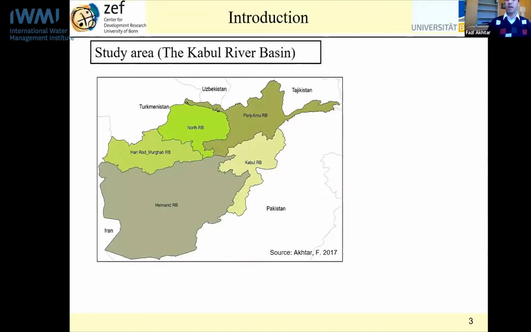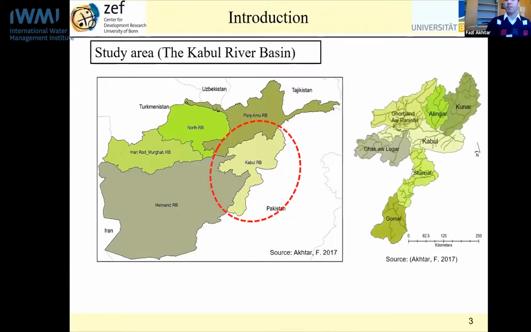Except the Northern River Basin, which ends up in Afghanistan so there is no outflow to any neighboring country, the rest of the 4 river basins end up in neighboring countries. For example, the Kabul River Basin discharges to Pakistan across the Durand line. Helmand River Basin, the same, contributes to Iran and Pakistan. Harirud-Murghab to Turkmenistan, and Panjshir-Amu to Uzbekistan and Tajikistan.